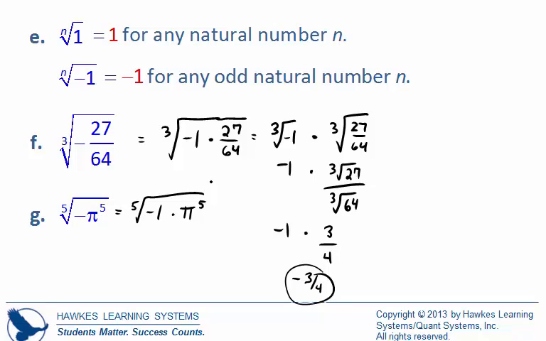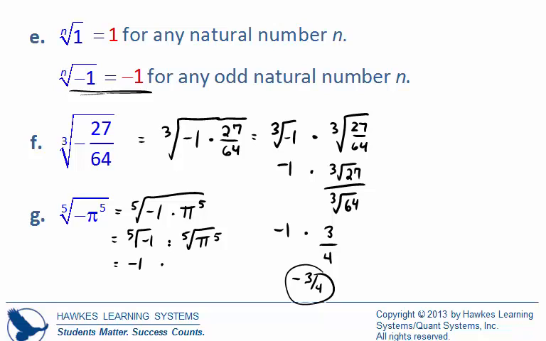And we can break that up and look at the 5th root of these numbers separately. The 5th root of negative 1, we note that 5 is an odd number, and so according to our rule up here, the 5th root of negative 1 will be negative 1.